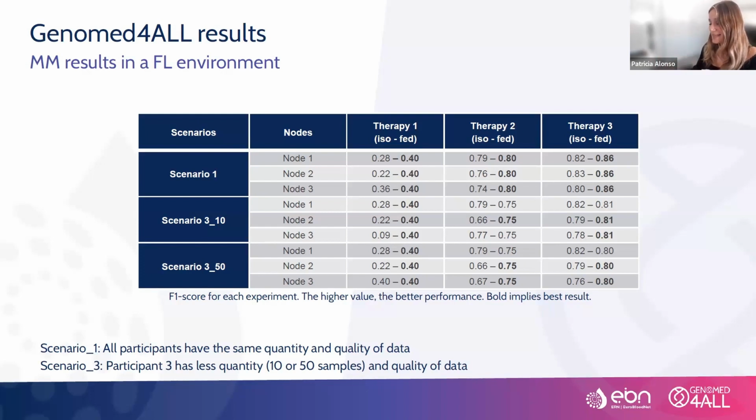And the dataset itself has really few samples. We have divided the results in terms of therapy, because the patients are divided in terms of therapy. We have used a metric called F1 score, and the higher this score is, the better.